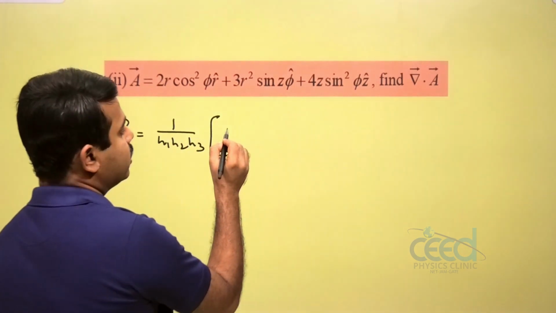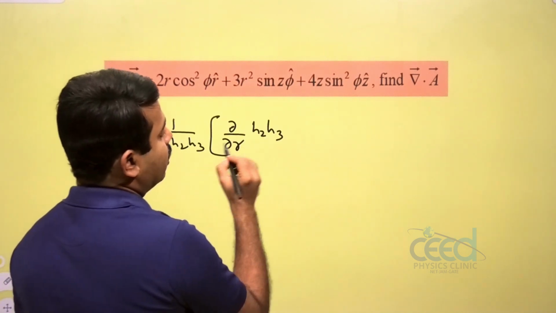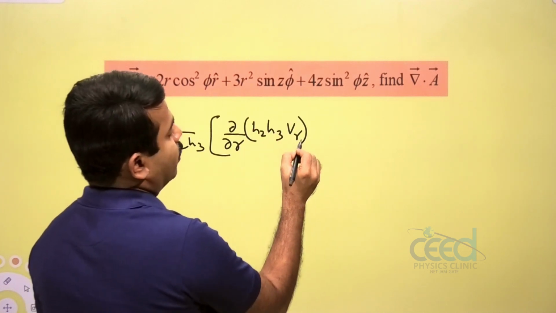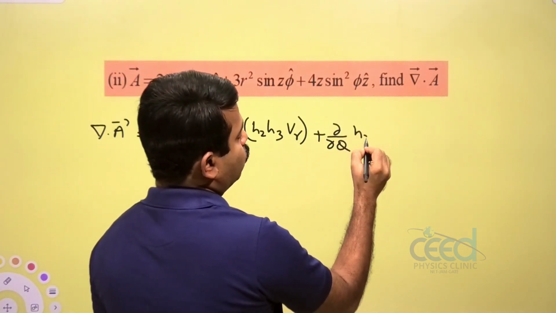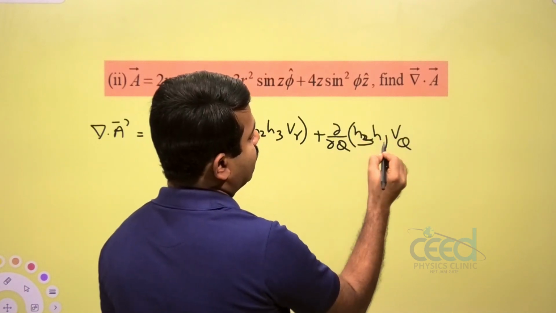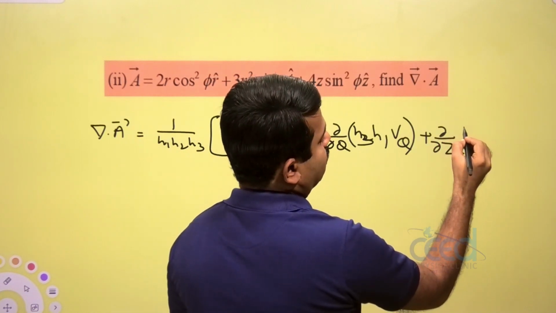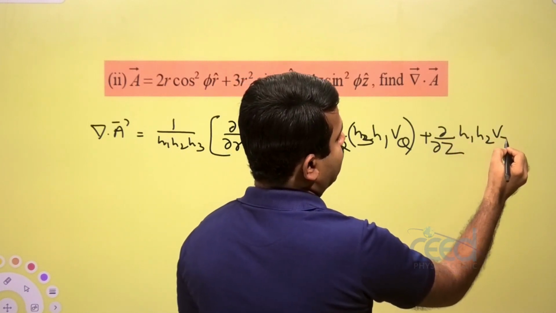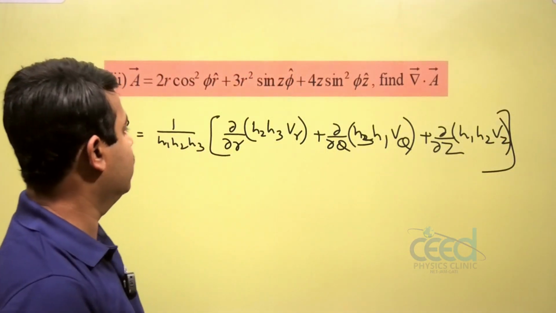So in cylindrical coordinates, dou by dou r of h2 h3 Vr, plus dou by dou theta of h3 h1 V theta, plus dou by dou z of h1 h2 Vz, right. This is the basic formula we have studied.